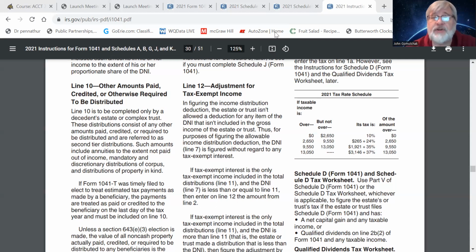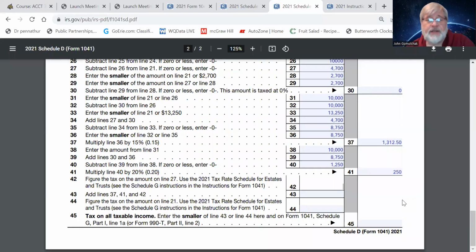Okay, I'm going to stop sharing again. Let's go back to the form, Schedule D. All right, so line 42, figure the tax on line 27, use the tax rate schedule. We calculated it out at $757. Line 43, add lines 37, 41, and 42.